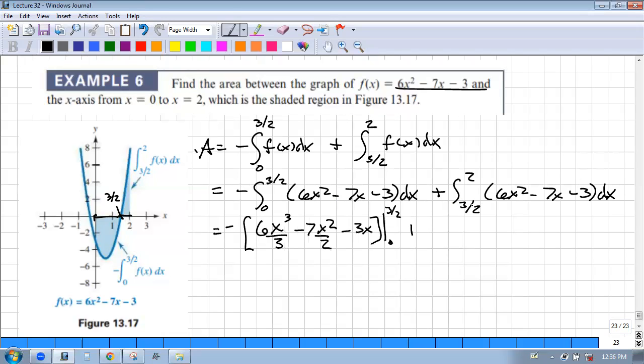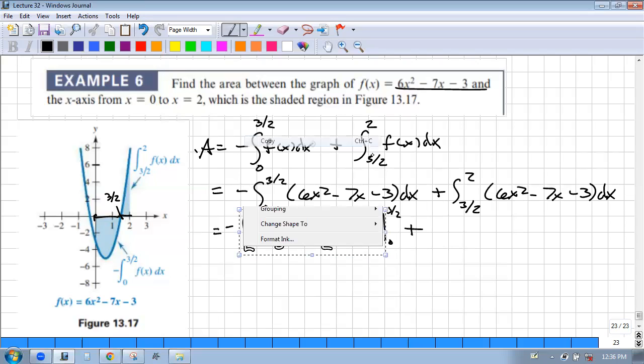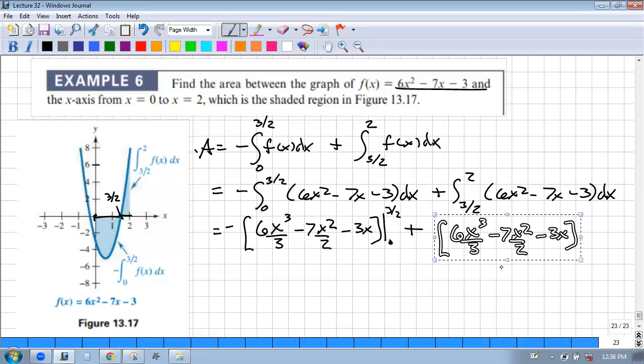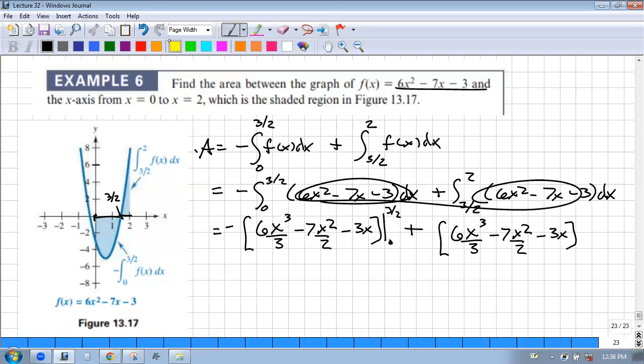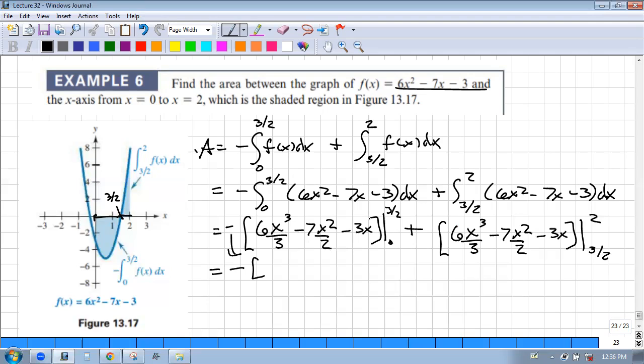And then we need to add, so this integral is going to be the exact same integral because it's the same function, right? This is the same as this. We're just evaluating it from different points. So up here we have negative, right? Now I plug in the 3/2. Let's see, this is just 2.